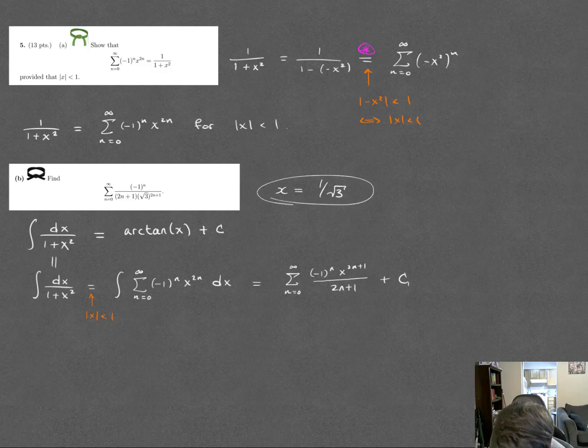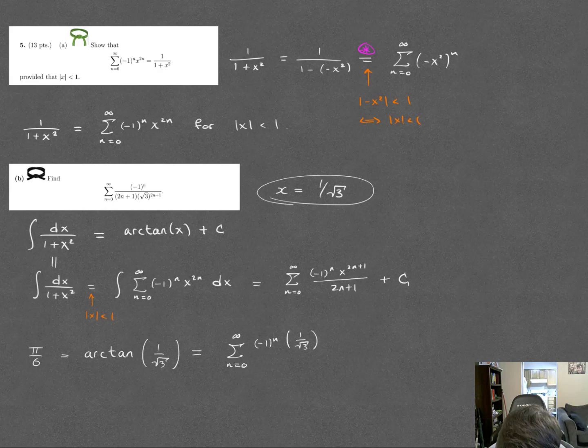So let's plug in 1 over root 3 into arctan. So pi over 6 is equal to arctan of 1 over root 3. But this is equal to the sum n equals 0 to infinity of minus 1 to the n times 1 over root 3 to the 2n plus 1. Because 1 over root 3 has absolute value less than 1, I'm allowed to plug in here.